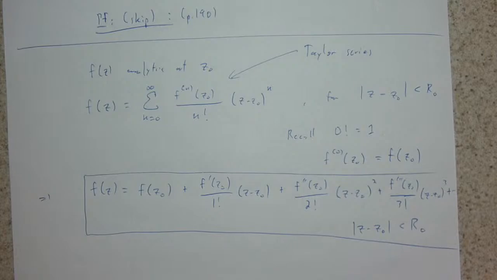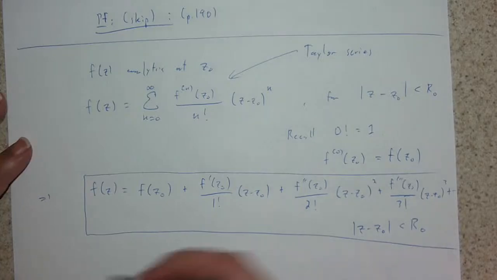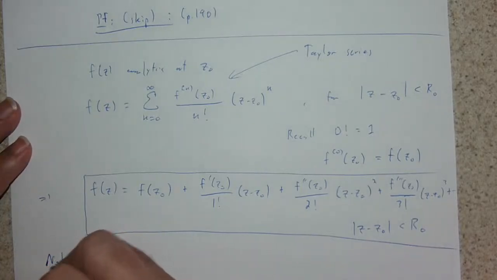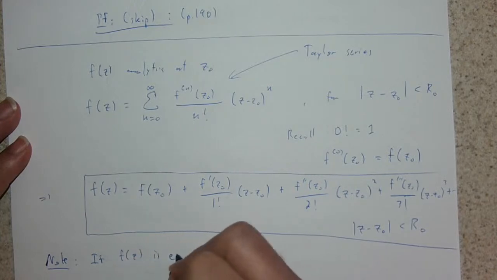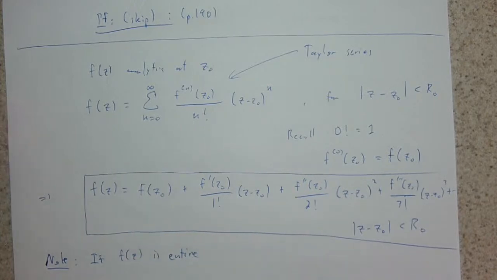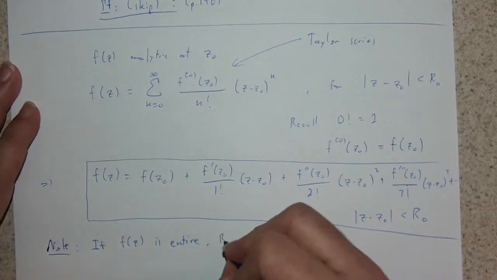All right. And so if f is analytic about z0, it has a Taylor series about z0. Okay. And what this means then is that, note, if f is entire, that is, it is analytic on the entire complex plane, R0 can be chosen arbitrarily large.